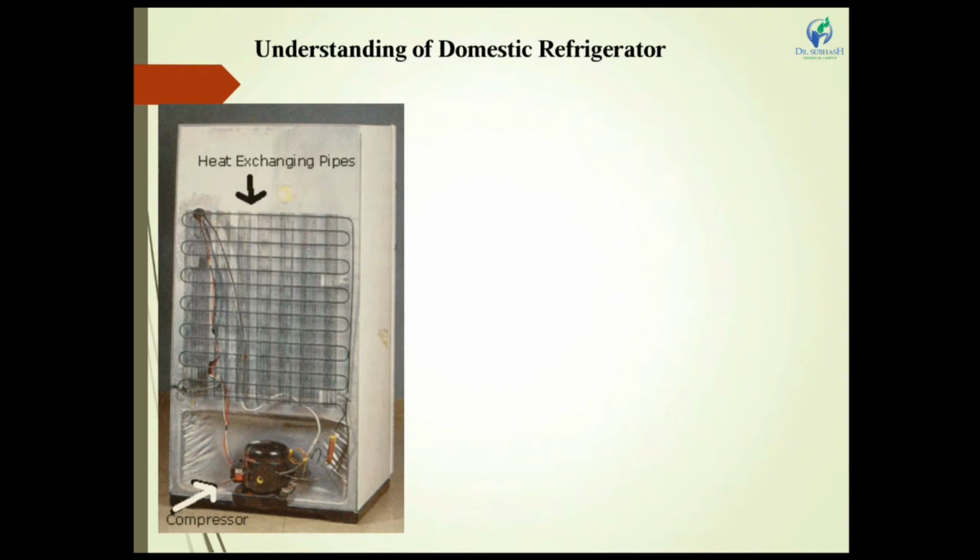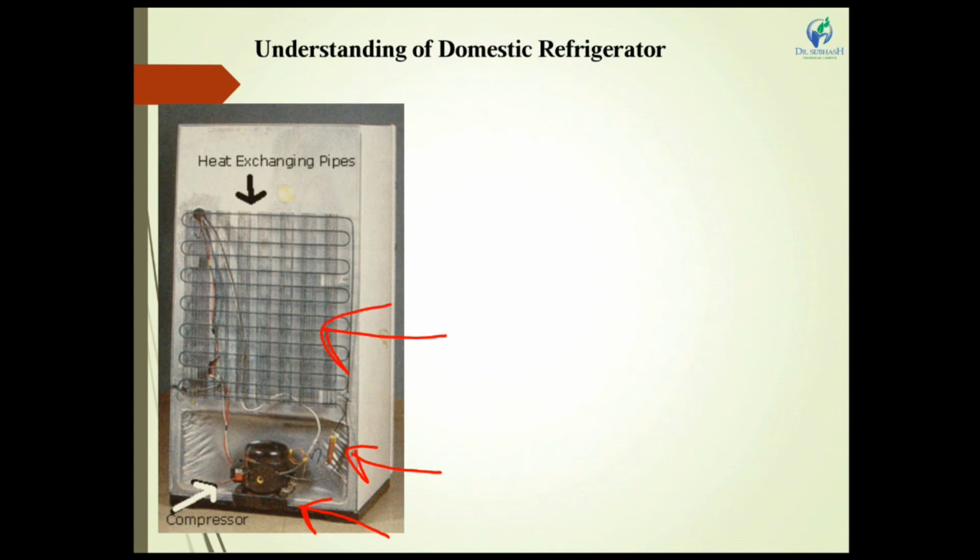This is the backside view of the refrigerator, which most common people can see at home. This is the back side of the refrigerator. This part is a compressor. This part is a receiver tank.